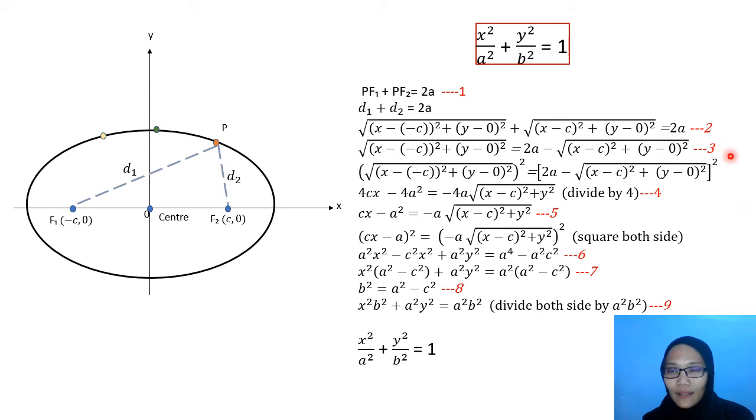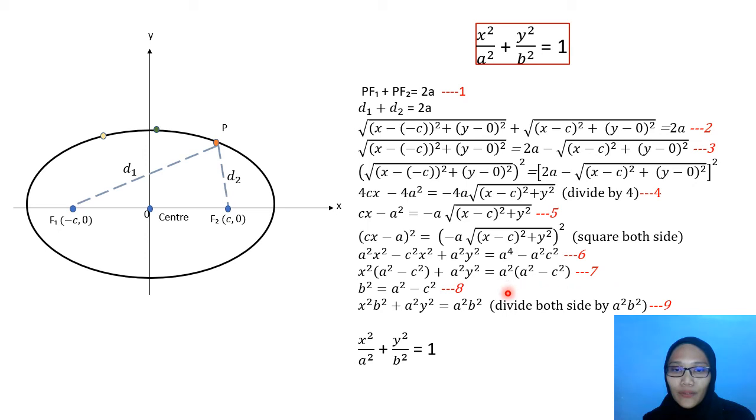After that, we square both sides, and we get equation number 4. Then we divide both sides by 4, and we get equation number 5. Next, we have to remove the square root, so we square both sides and we get equation number 6. Then we factorize a squared minus c squared, and we get equation number 7.